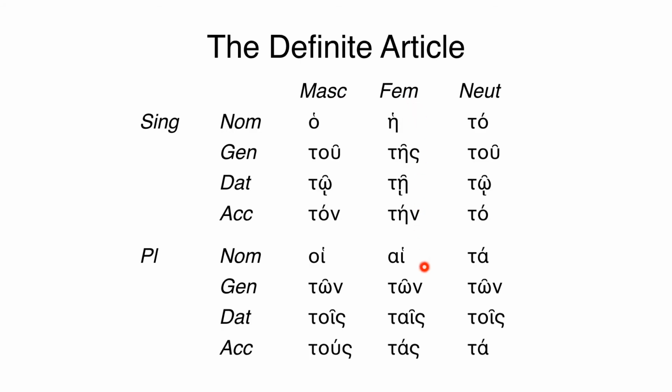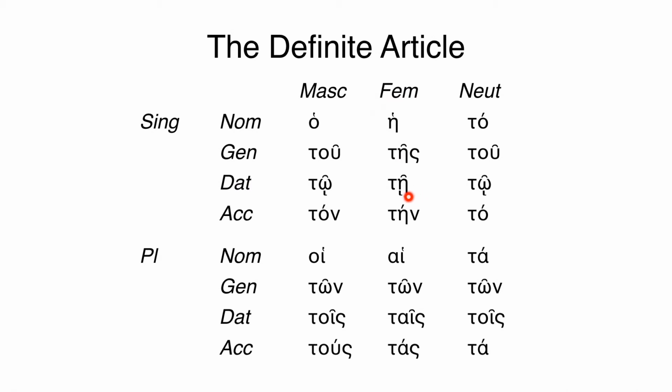Here is the feminine column in the paradigm. For the feminine singular nominative, we have he or hi in modern Greek, which is an eta with a rough breathing. For the feminine genitive, we have tes or tis. For the feminine dative, we have te or ti.